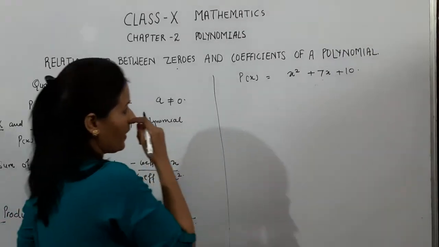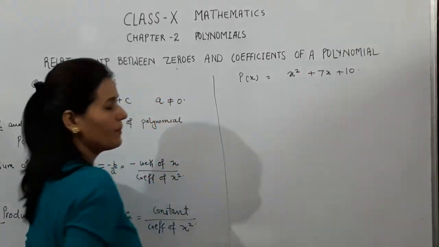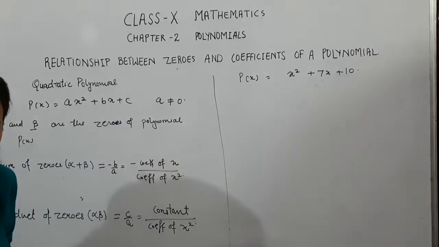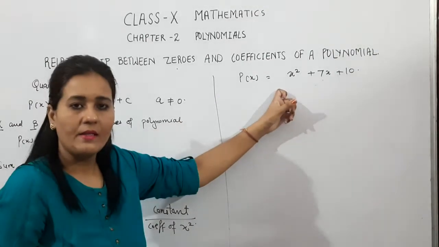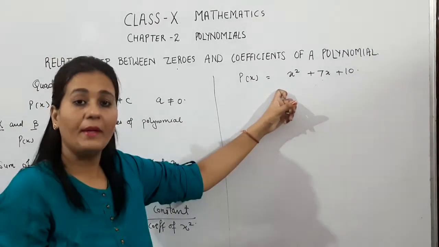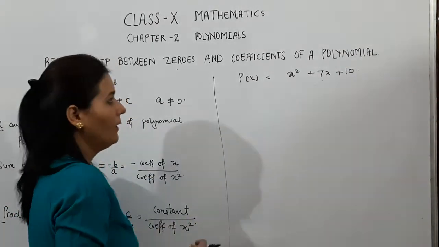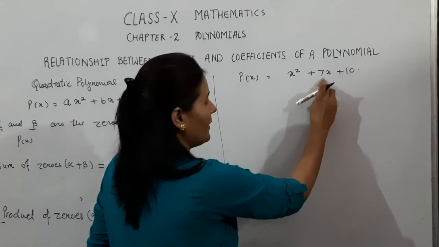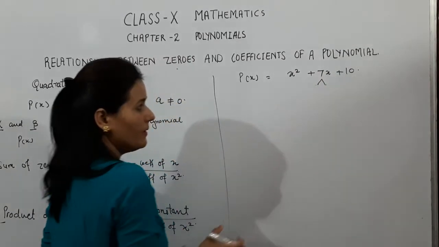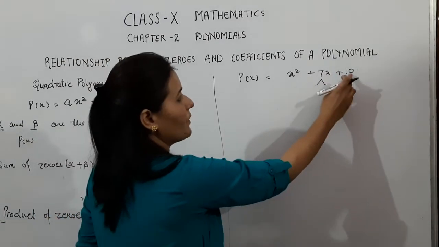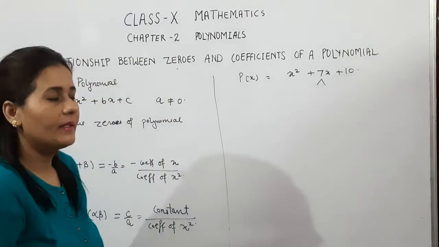Here, what will be the zeros of this polynomial? How to find the zeros? We have done this in the last standard, splitting the middle term. You remember, I hope. So split the middle term of this polynomial into two numbers so that the multiplication comes to be 10x².